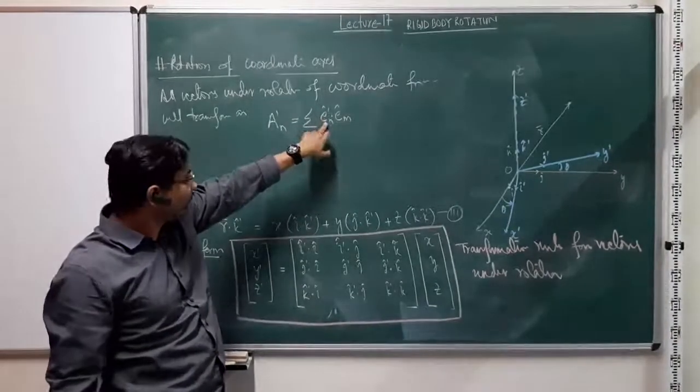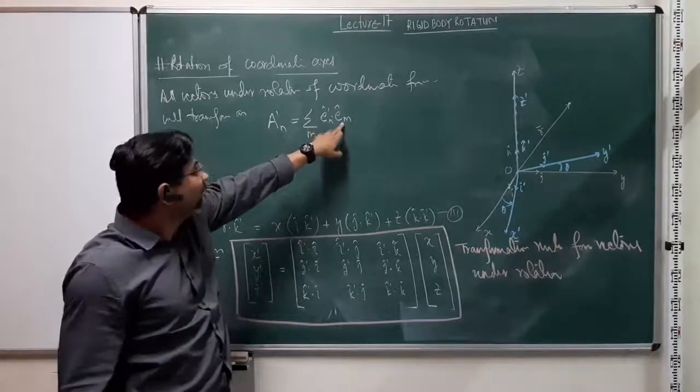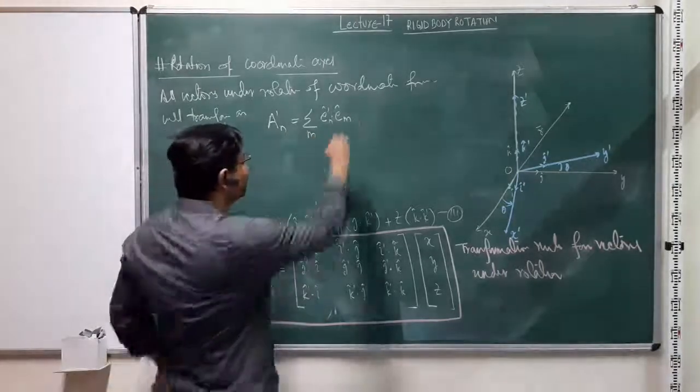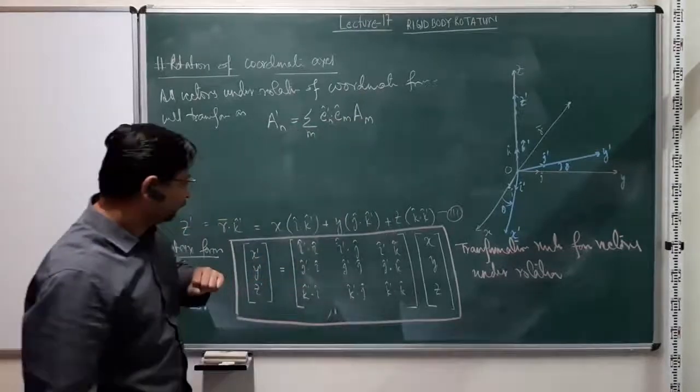So here, for example, e cap 1 will be then our i cap, e cap 2 will be our j cap, and e cap 3 will be our k cap. Right? So this is, and a m, right, which is x, y, z.